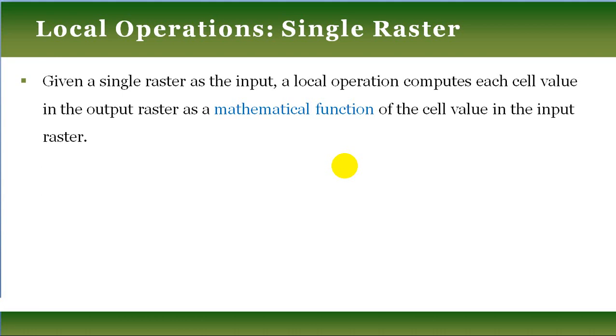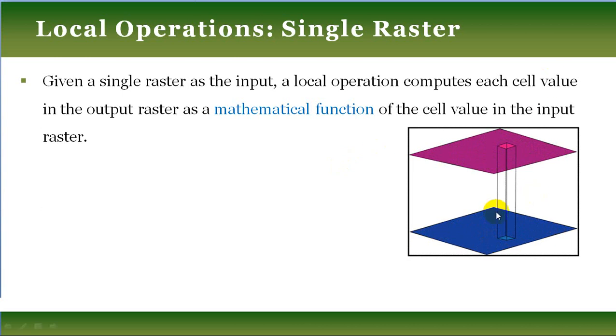Whatever raster you have, every cell has a certain value, and when you perform a local operation you create a new output raster where every cell's value is calculated by a mathematical function applied to each cell of the input raster. Sometimes I say cell, sometimes pixel; both are correct.